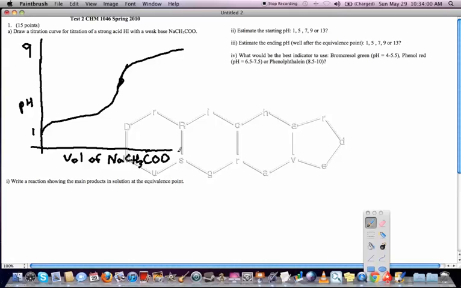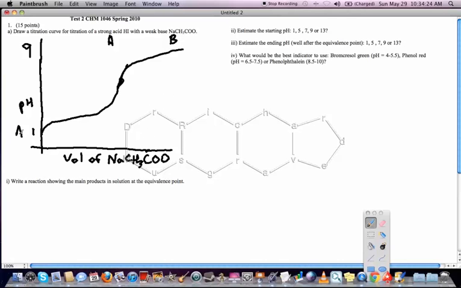Alright, so the next thing we want to do is go ahead and see if we have a buffer region present. And let's say we're going to use this as our acid, and I'll call this A, and we'll call this base B. So what's going to happen is that we will have our acid.